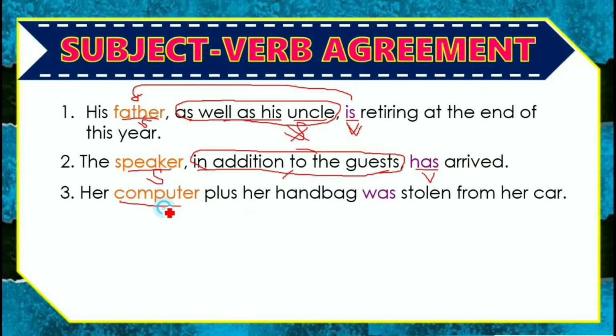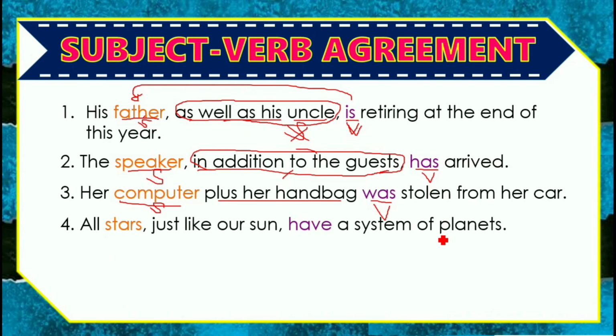So computer is our main subject. Was is our verb. So do not include plus her handbag as another subject because it's not an additional subject. Your main subject is computer. That's why you need a singular verb, was.